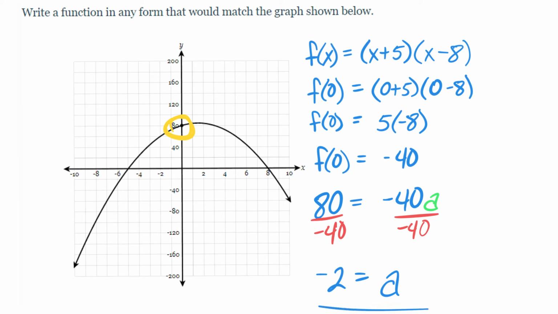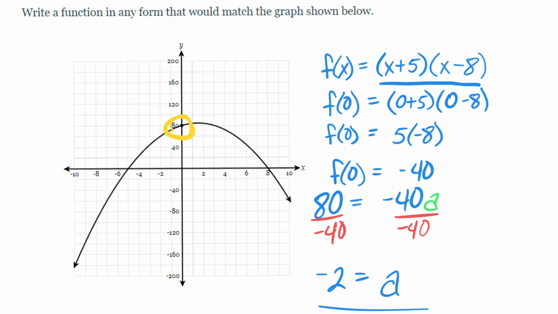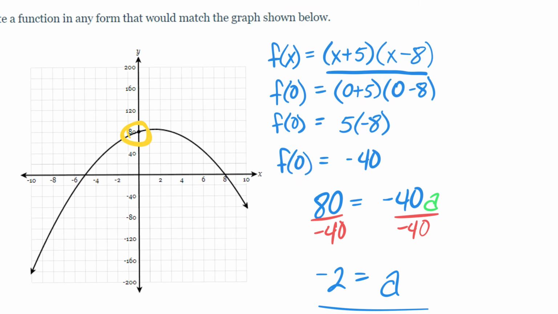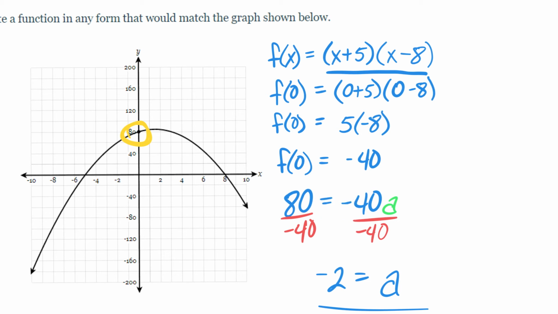All we have to do to make our equation right: this equation is correct based on the x-intercepts, but it is not correct based on the y-intercept. So all we need to do here is to simply tack a -2 onto the front of our original equation.